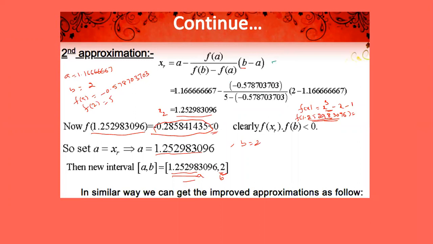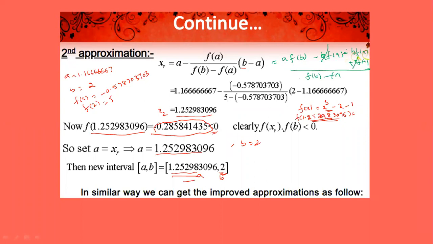Suppose you simplify it, what will you get? a into f of b minus b into f of a, divided by f of b minus f of a. Suppose this a cancels, what is the formula?